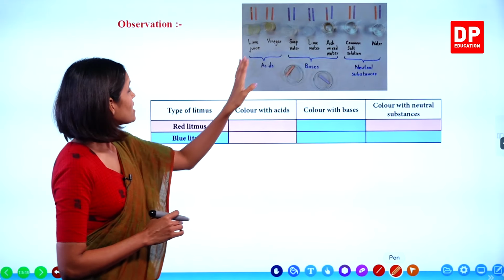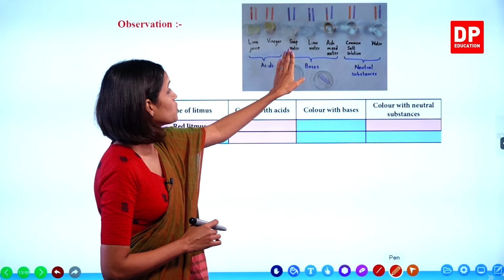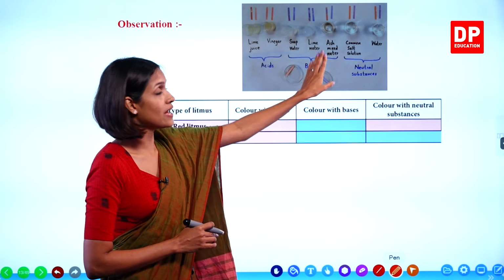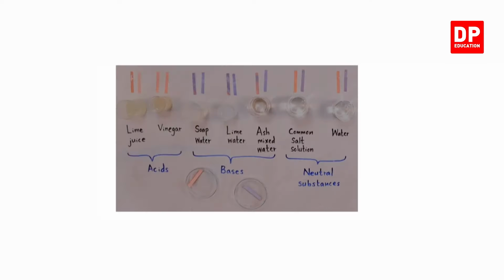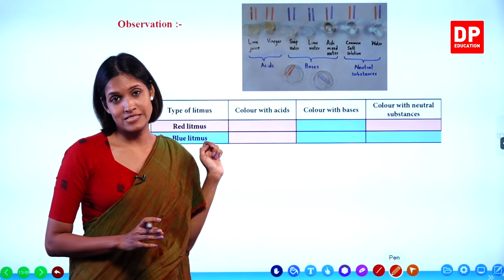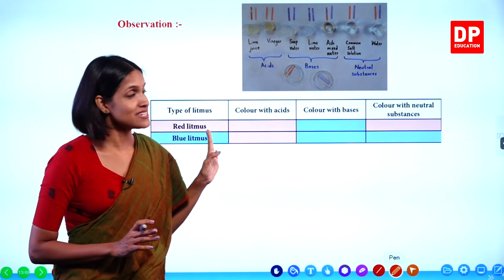Okay, what happens with bases? We use soap water, lime water and ash mixed water. What were the color changes? Did blue litmus change color with bases? No, it did not. Right? Blue litmus did not change the color, but red litmus turned blue color this time. Okay, children.